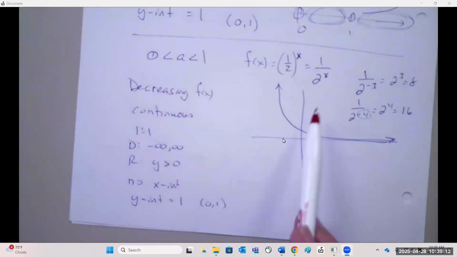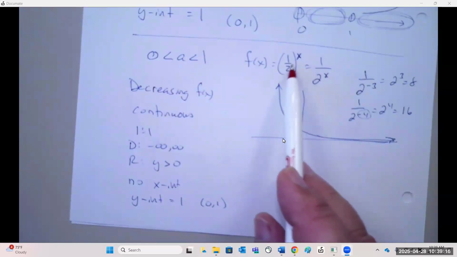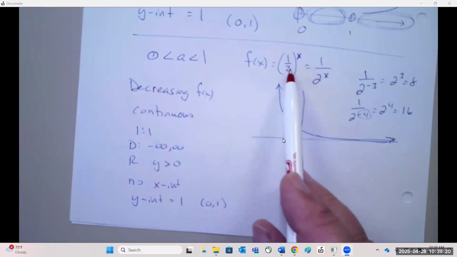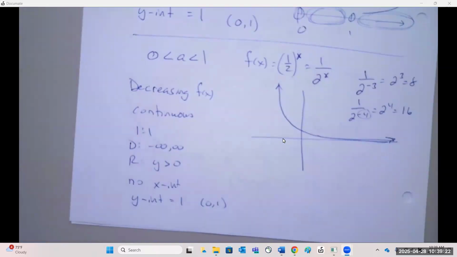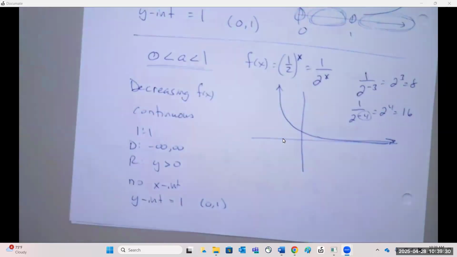Again, we have to remember our rules of exponents. When the base is rational, it has to be a proper fraction. If it's an improper fraction, then it's greater than 1. This one has to be between 0 and 1. If it's between 0 and 1, then it's a decreasing function.